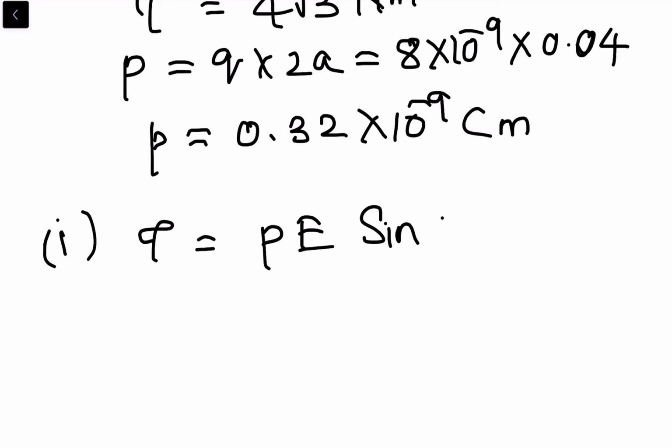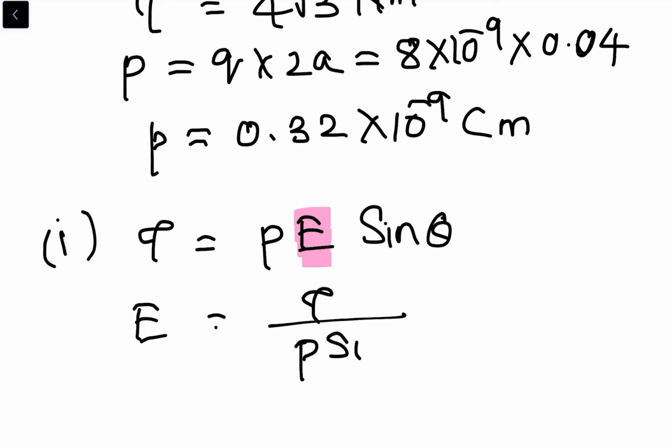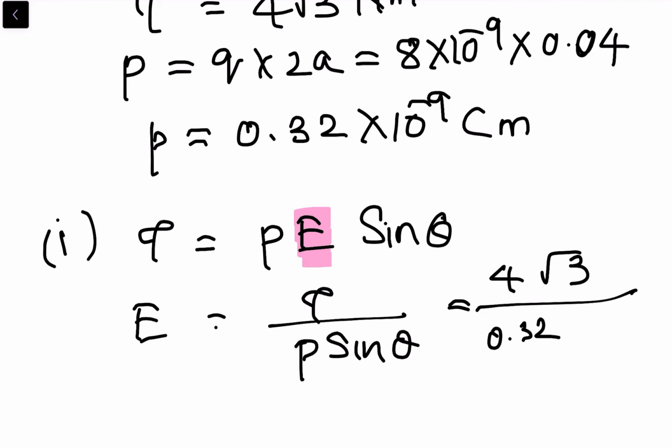So the electric field E is equal to tau divided by p sine theta. Tau means torque, which is given in the problem as 4 root 3, and p is the dipole moment, 0.32 × 10^-9, and sine theta is sine 60.